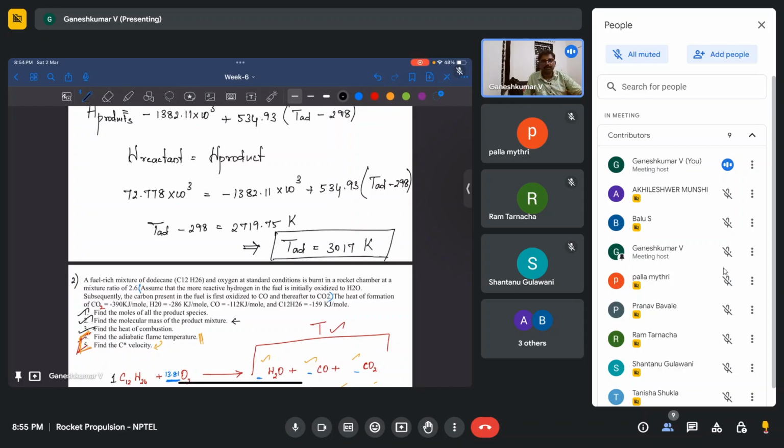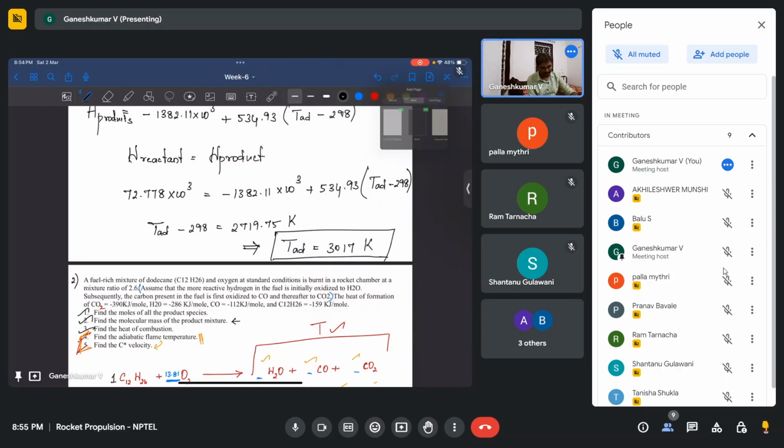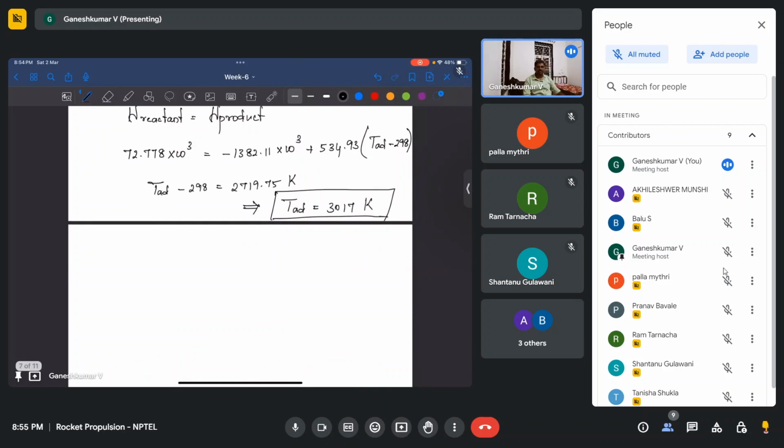Now what you can do is find the heat of reaction, and then follow the steps which we did in the lectures, whatever the professor did. If you try that, you will again end up with 3017 Kelvin because the concept is the same. Only the way you do it is different.